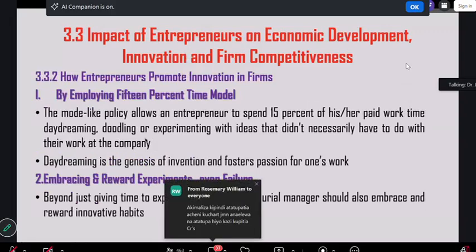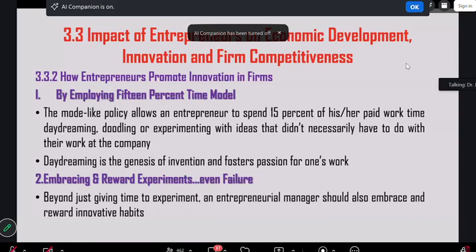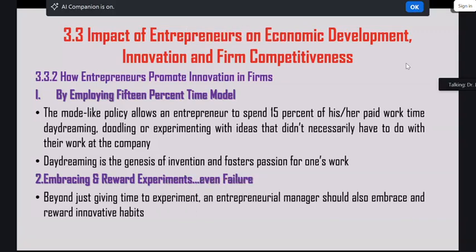Kama ukiangalia taasisi za umma, watu wanafanya kazi masaa mangapi kwa wiki? Public organizations, how many hours do people work per week? 8 hours per day. And then when we talk about 15% ya 8 hours per day, how many hours?